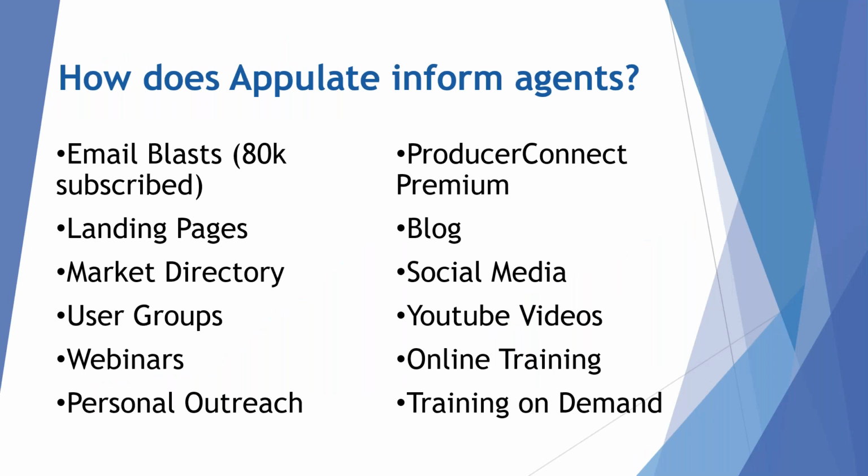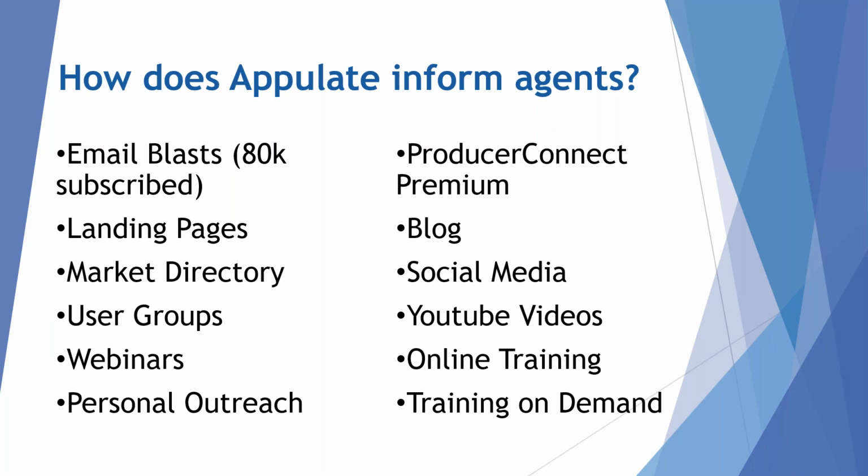We do this a number of different ways. Like I mentioned, email blasts. We also host landing pages. We have a market directory, which I'll show you in a second. We have a number of user groups of agents, which is really important. If you have a product you're bringing on board in our system, or a process where we implement Appulate as part of that, we want to get feedback. So we have pilot groups we can take agents through to get feedback and make sure it's being well received.